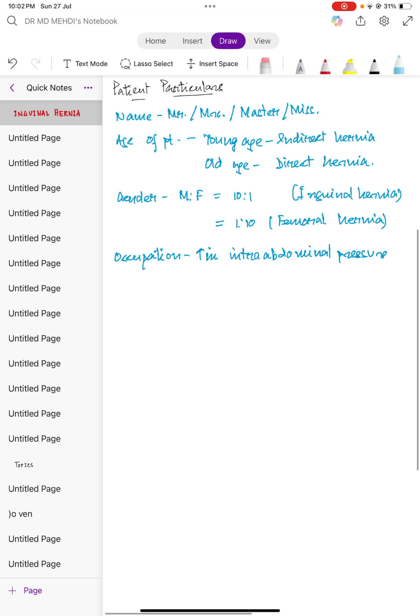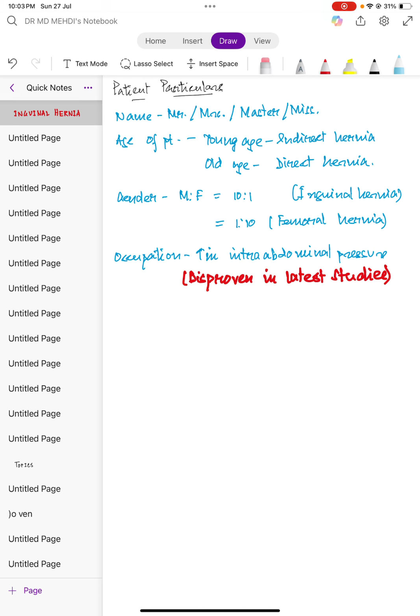But this has been disproven in the latest studies. What has been disproven? That occupations in which the intra-abdominal pressure is high will have an increased incidence of hernia. It has been found that the incidence is almost similar in all types of occupation.